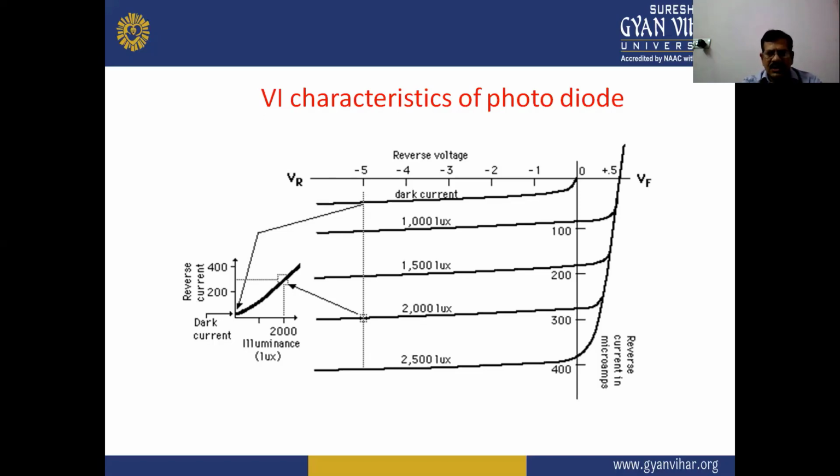The shape of the graph, or the variation of current versus voltage in the photodiode, is shown in this graph. There is a dark current. Dark current is a very low current, in the range of nanoamperes or microamperes. So this is the graphical representation between current versus voltage of the photodiode.